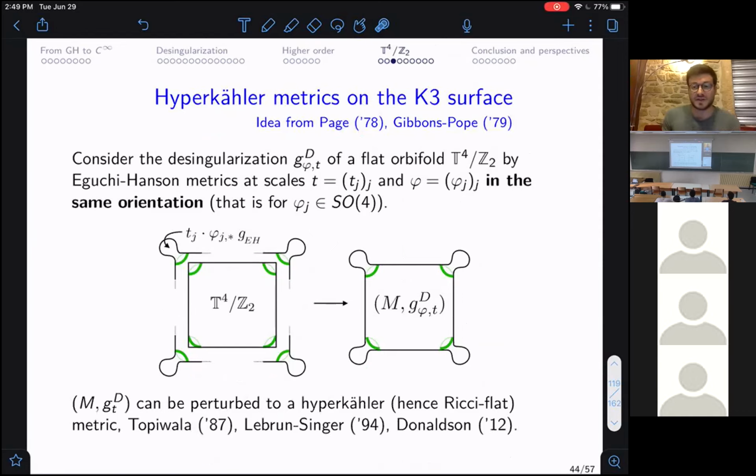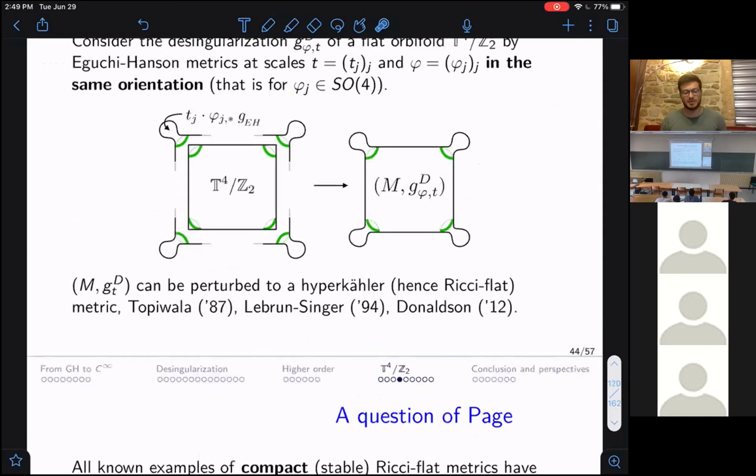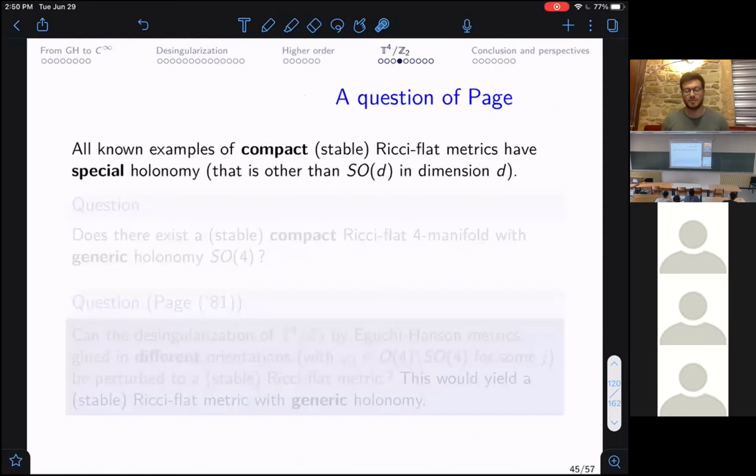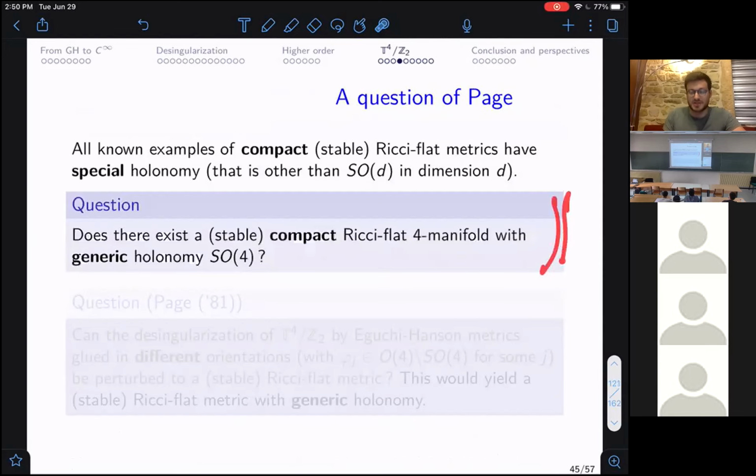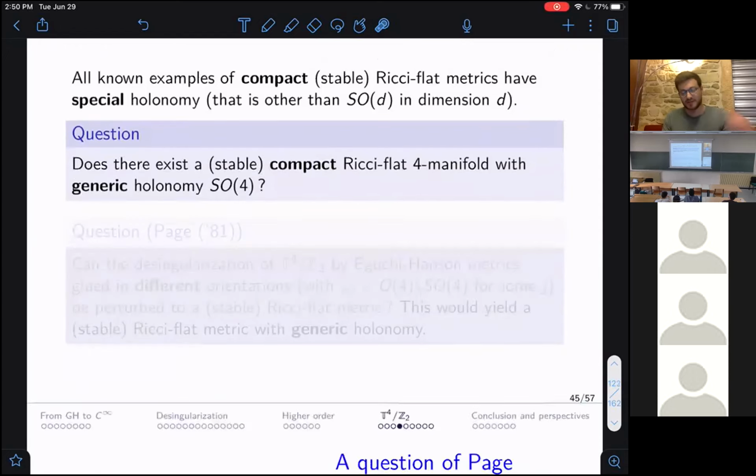So we created a hyperkähler metric on a K3, but a very important question in geometry is whether or not there are compact, maybe stable, Ricci flat metrics which are not hyperkähler or locally hyperkähler. That's one of the biggest questions in differential geometry. Are there compact Ricci flat manifolds with generic holonomy? Page has a candidate for that.